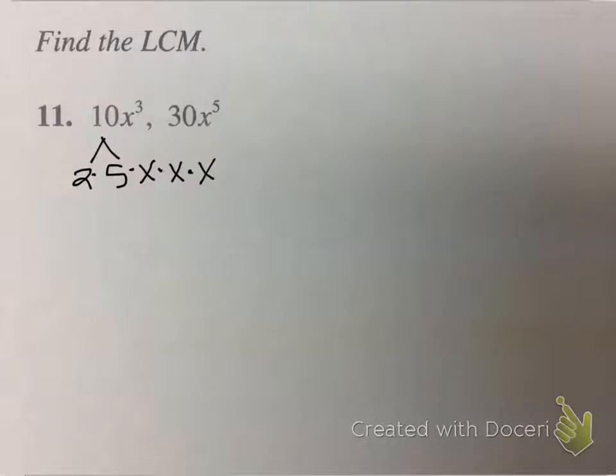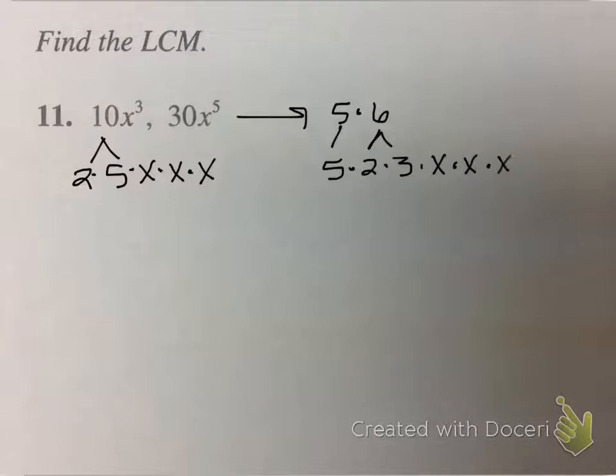And then 30x to the 5th is going to be 5 times 6, but 6 breaks down, so I'm going to have 5 times 2 times 3, and then times x times x times x times x times x.